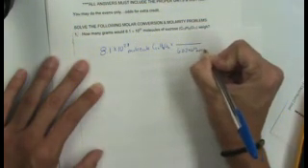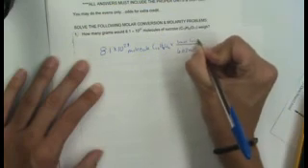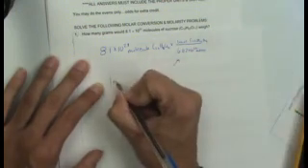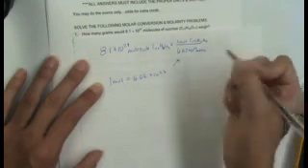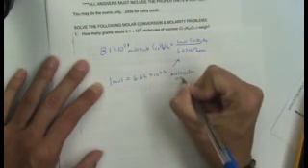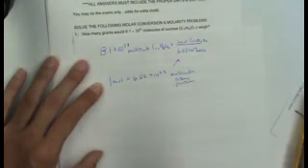We are going to multiply this by, for every 6.02 times 10 to the 23rd molecules, we have 1 mole of C12H22O11. This right here is Avogadro's number. We know that 1 mole equals 6.02 times 10 to the 23rd. This can be molecules, atoms, particles, so on and so forth.